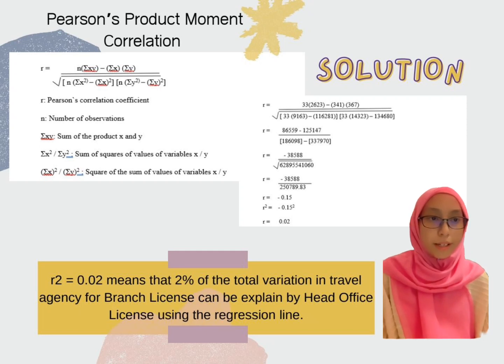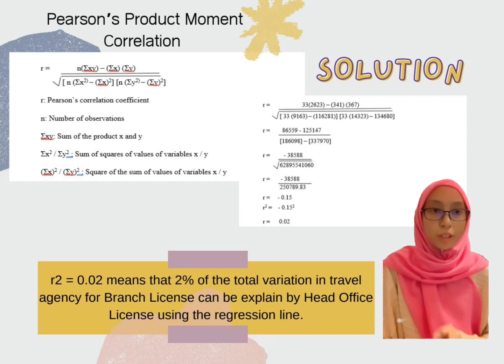The manual calculation of the Pearson correlation answer: r equals n sum of xy minus sum of x times sum of y, divided by the square root of n sum of x squared minus the square of the sum of x, times n sum of y squared minus the square of the sum of y.